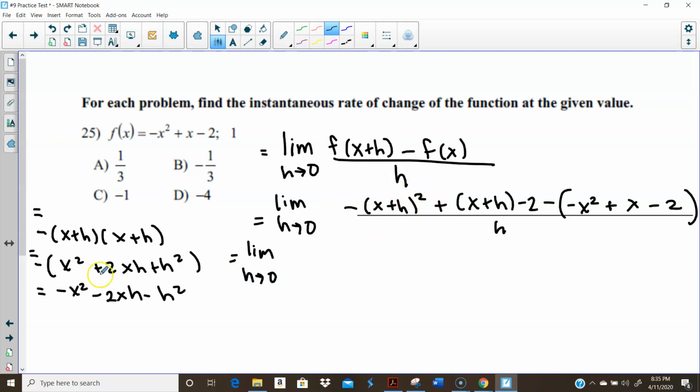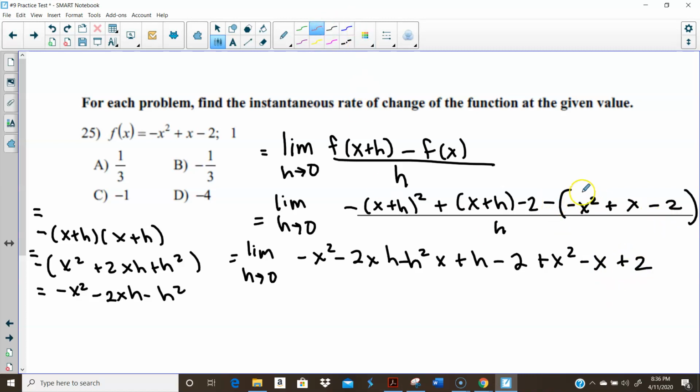This part is over here, so that multiplied out is negative x squared subtract 2xh subtract h squared. I still have x plus h subtract 2, and then a negative times a negative is a positive x squared. A negative times a positive is a negative x, and a negative times a negative is a positive 2.